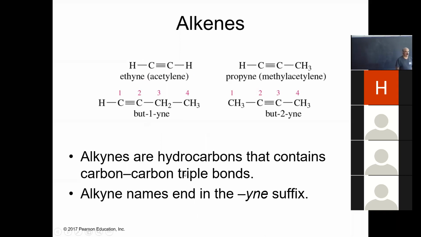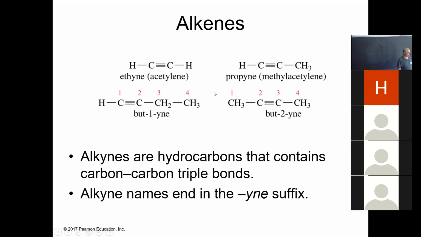Okay, and then alkynes are compounds that have 1 or more carbon-carbon triple bonds. Okay, the simplest alkyne is called ethyne, or commercially it's known as acetylene. Propyne is also known as methylacetylene.